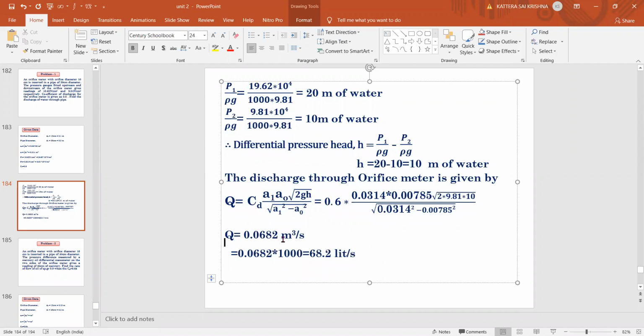So instead of meter cube we multiply by 1000 liters, and that is 68.2 liters per second.